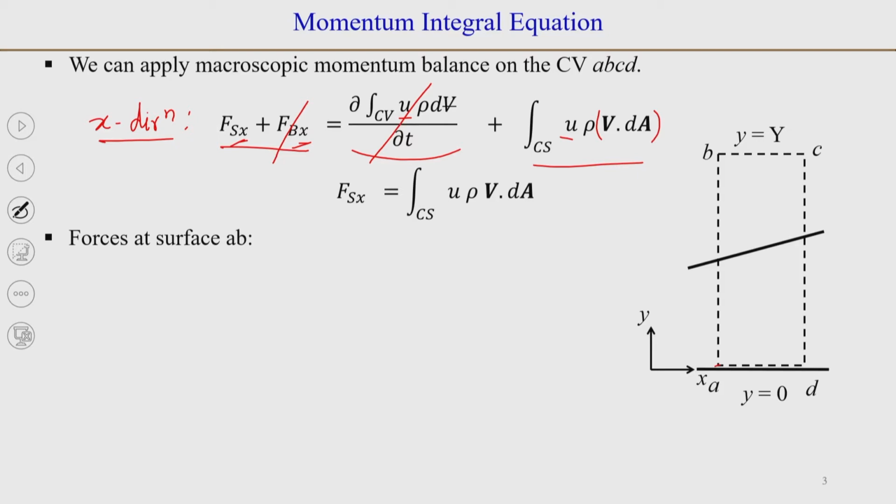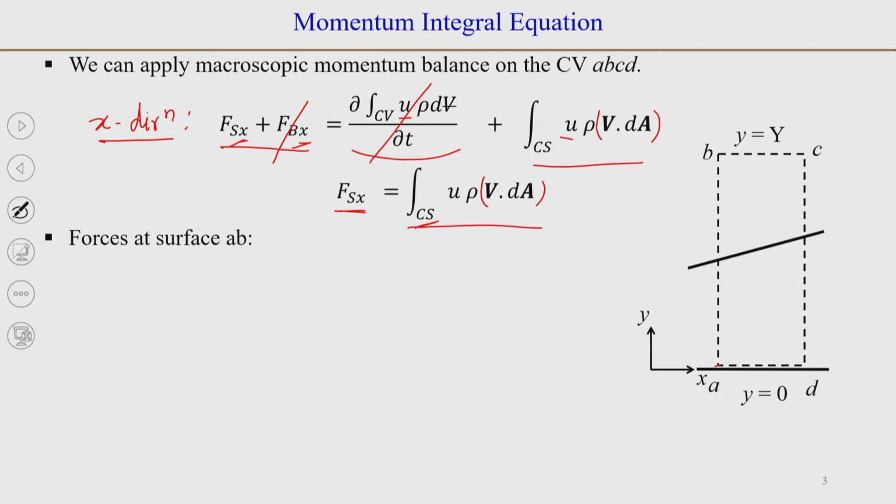So, F_bx is equal to 0, or otherwise we can neglect the body forces. So, the momentum conservation equation will become that the sum of surface forces on the control volume will be equal to ∫u ρ v dot dA over the control surface. We will evaluate each of these terms one by one.